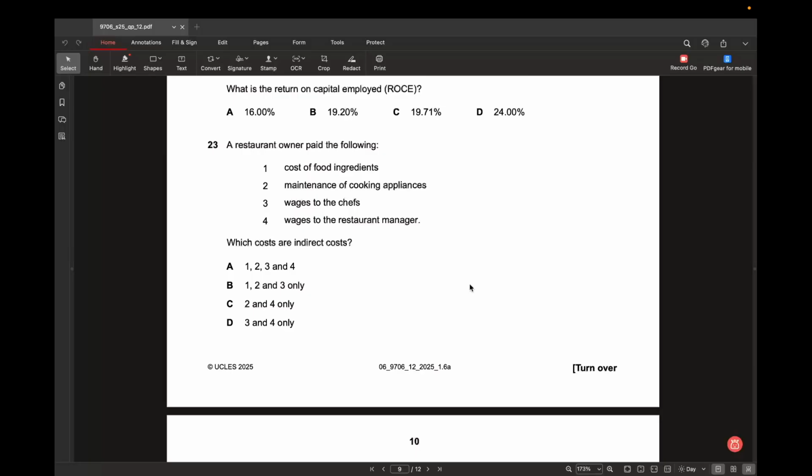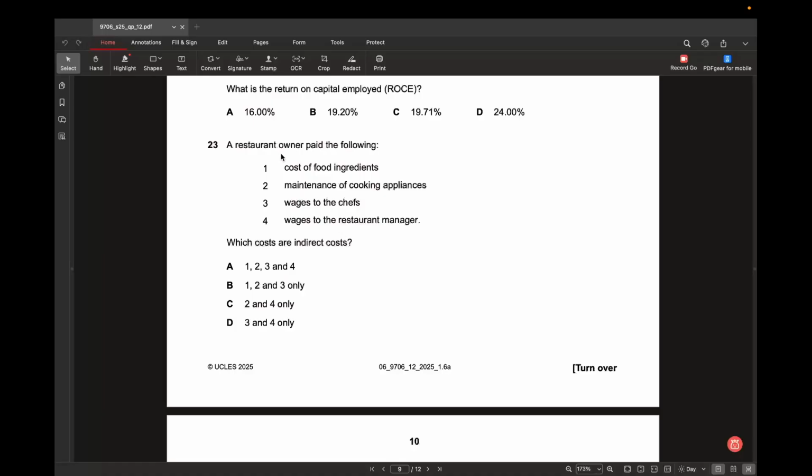23. A restaurant owner paid the following: cost of food ingredients, maintenance of cooking appliances, wages to the chef, and wages to the restaurant manager. Which costs are indirect cost? So indirect costs are those costs which are indirectly helping us in the production process.